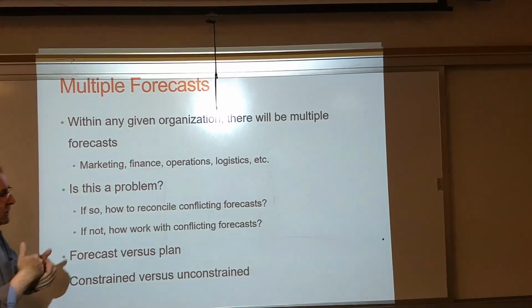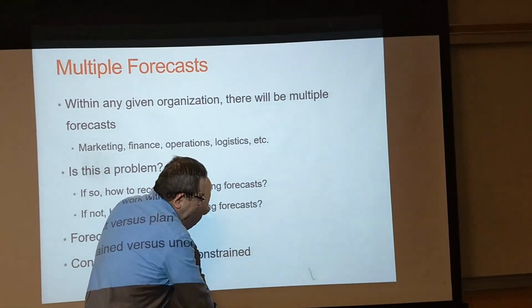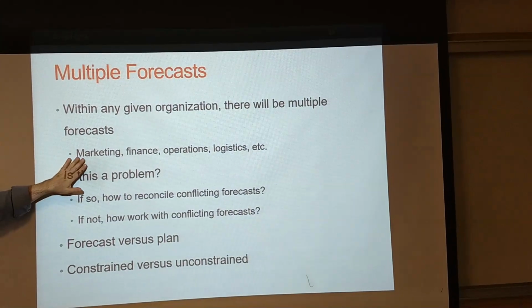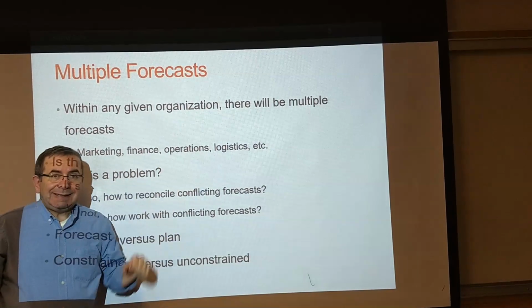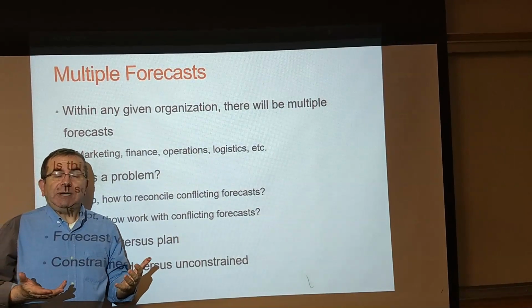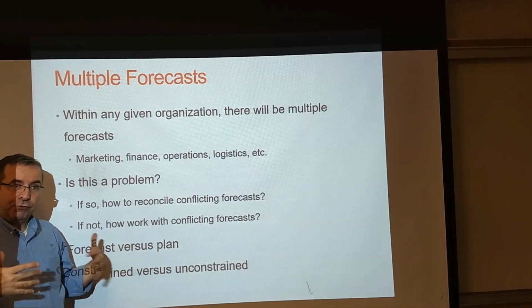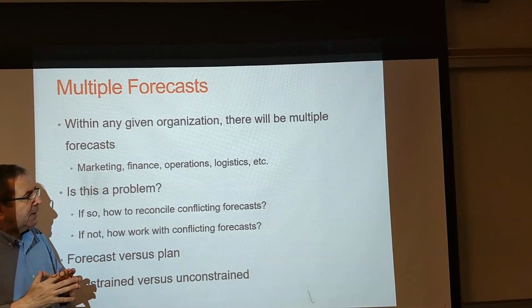So what is the challenge here? Why is this a problem? Now, if you think about it, in a company, every department needs a forecast. Okay, so every department needs to make a plan for the future, and every department needs a forecast.